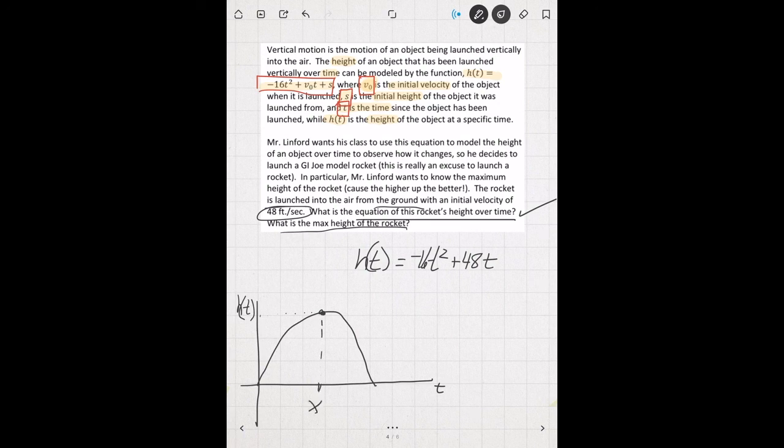First, let's figure out what x is. X is negative b over 2a. Well, let's plug some values in. Negative b here, well, b is 48, so that's negative 48 divided by 2 times negative 16. So what's that going to be? Negative 48 divided by 2 times negative 16 is negative 32.